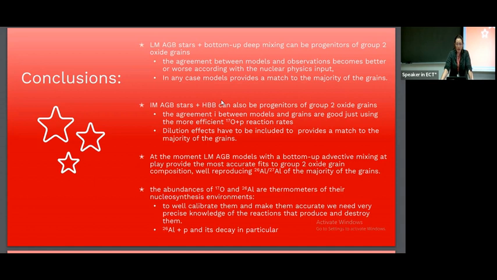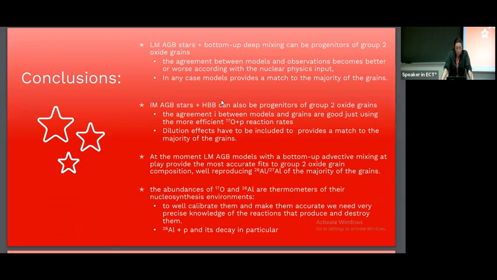And aluminum-26 seems to not be well fitted. It's important in any case to pay attention to the fact that dilution effect may be present in the formation of the solar system, and the question is still open.